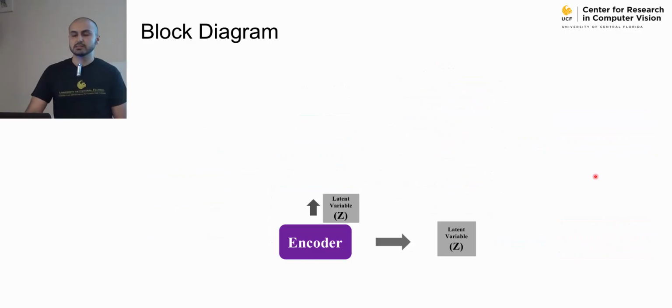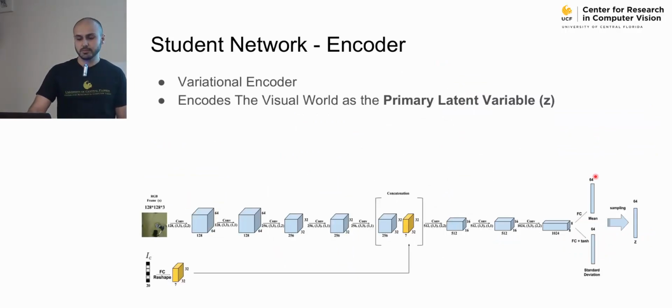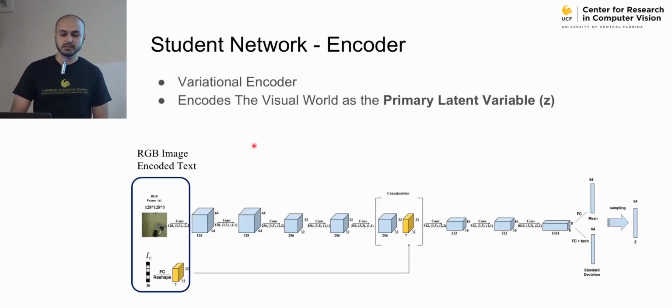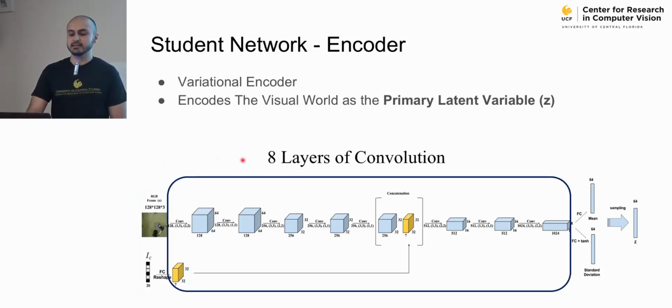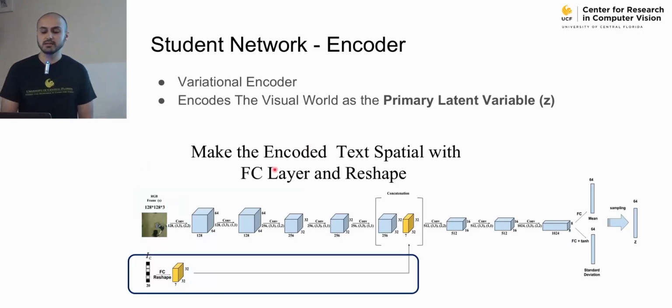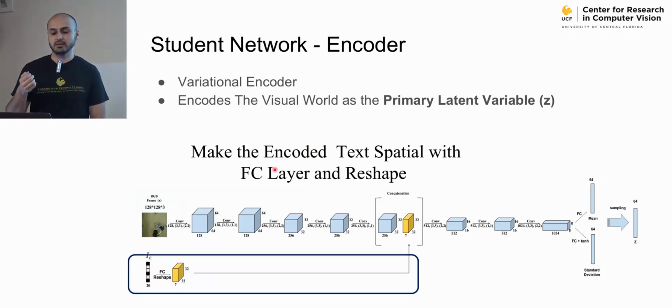So now let's talk about our encoder. The input to the encoder is an RGB image and the encoded text. Then it has 8 layers of convolutions. We also make the encoded text a spatial feature by passing it through a fully connected layer and then reshaping it.